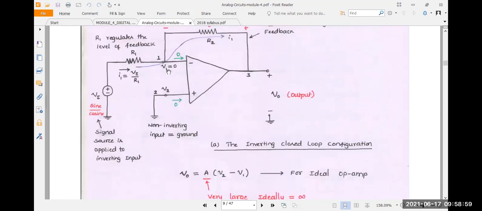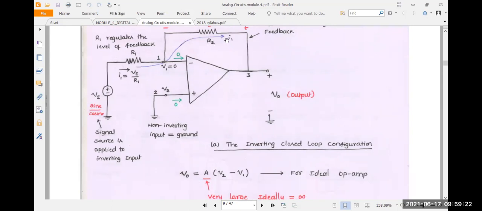We neglect V2 because it is connected to ground. V2's value is 0. Remember this: V2 is a 0 voltage. So come to V1. V1 is connected to R2, and the current across the R2 resistance is I1.